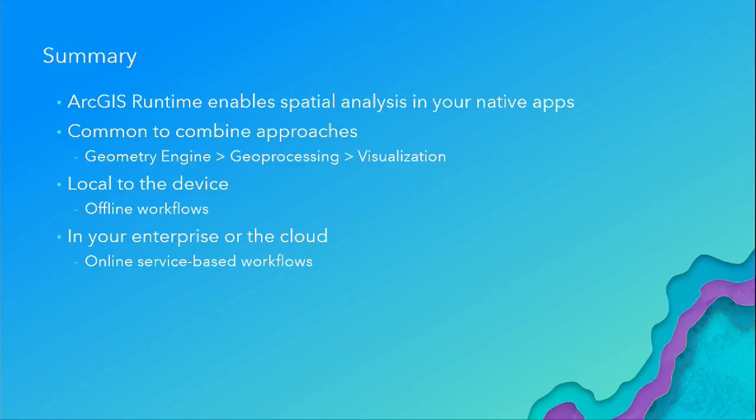So in the geoprocessing example, I use both geoprocessing and geometry engine to achieve my result. That analysis in many cases is local to the device. So we've got that high performance, you saw in a variety of examples there, really high performance analysis running on the GPU or CPU on the device. But then also the ability to call out to services where they're exposed and run analysis on the server as well.